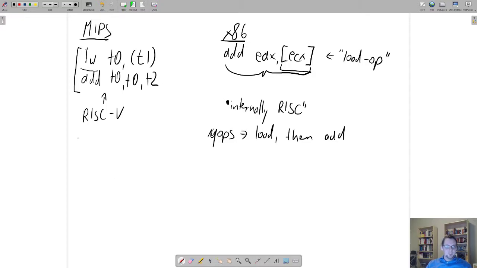They have an instruction fusion mechanism. I don't think they've proposed this specific pattern, but they can decide that these two are effectively going to be one instruction and executed as such.